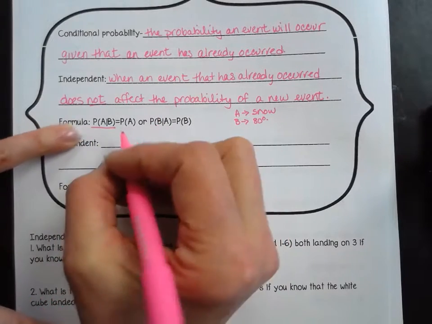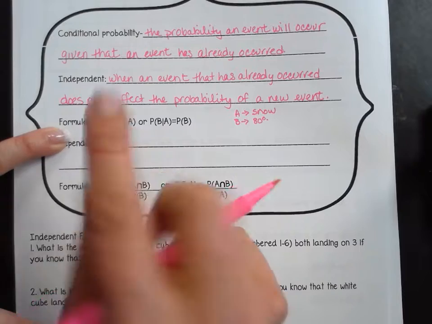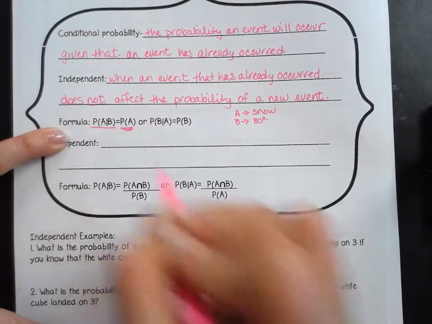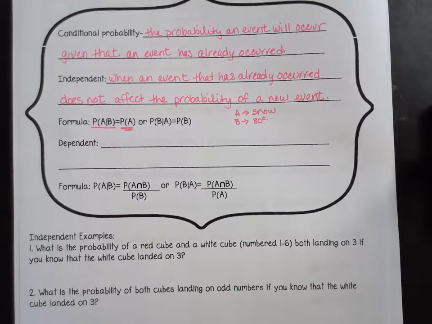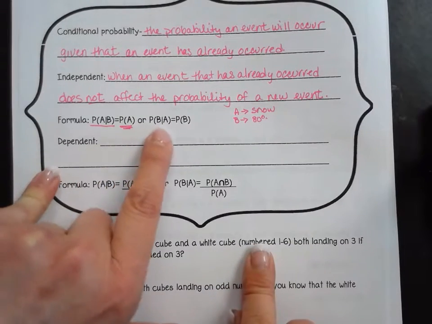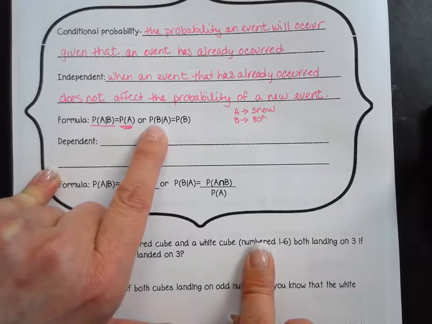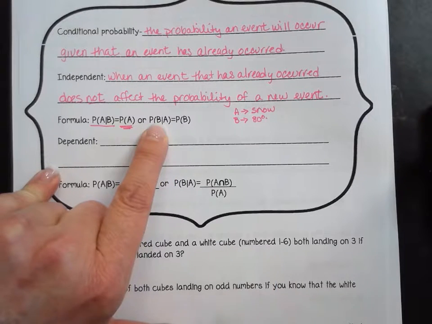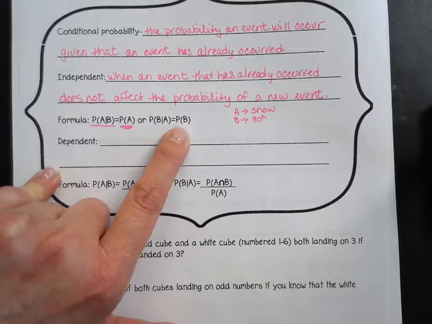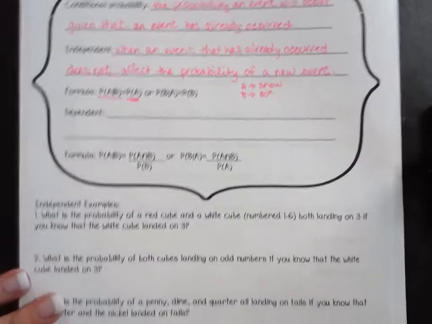Well, all you do for conditional probability is find the one that you're looking for because the other one has no effect on it. All right? So if I want to find the probability that it's going to be 80 degrees given that it snowed, whether it snowed doesn't have any effect. So all I have to do is find the probability of B. Does that make sense? Okay.